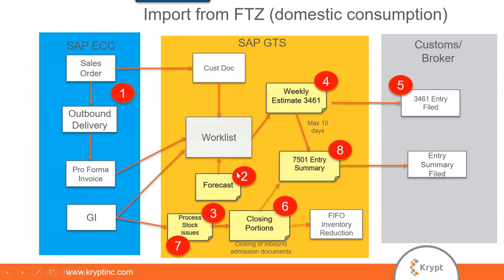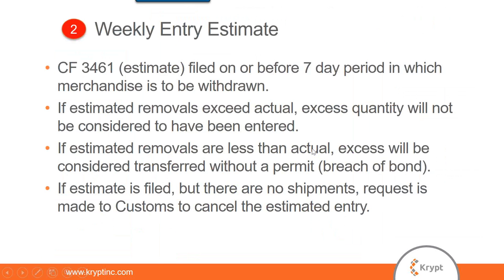So what you do is you create a forecast. Stock issues are posted. You send that estimate to customs. Closing portions are calculated. Stock issues are generated, and then the weekly entry summary is made and filed with customs. And again, that should be at a maximum of 10 days after the weekly has been filed. The estimate, if you're using the estimate process, should be filed on or before a 7-day period before the merchandise is to be withdrawn.